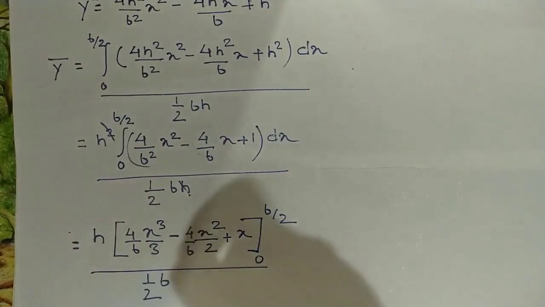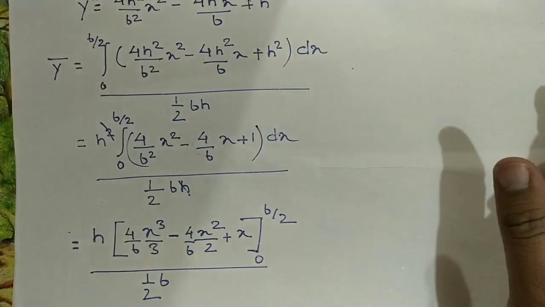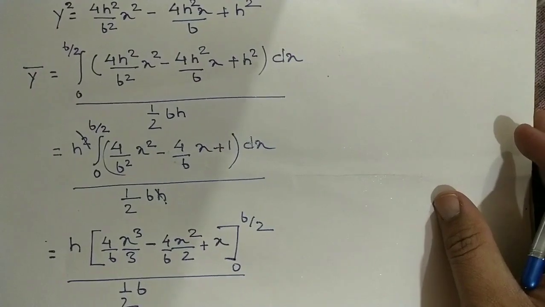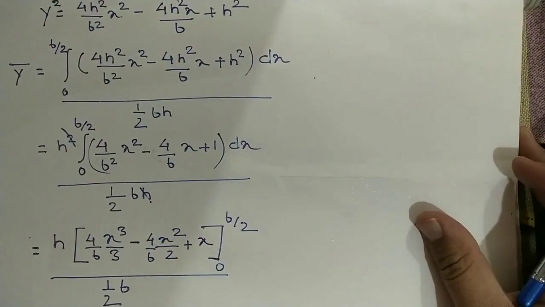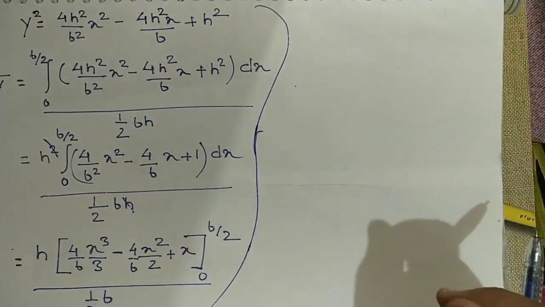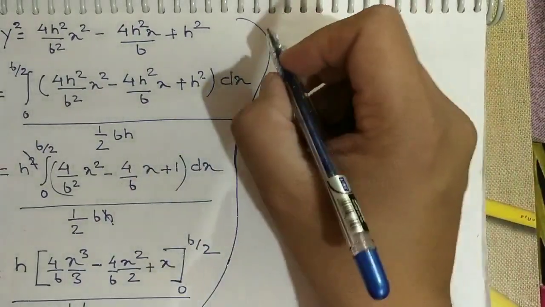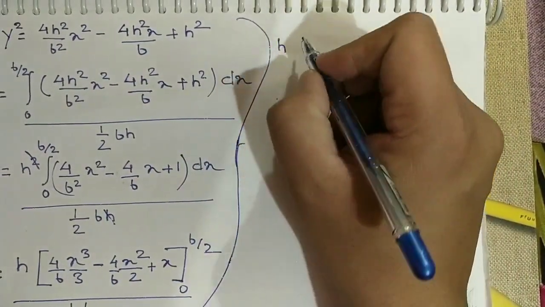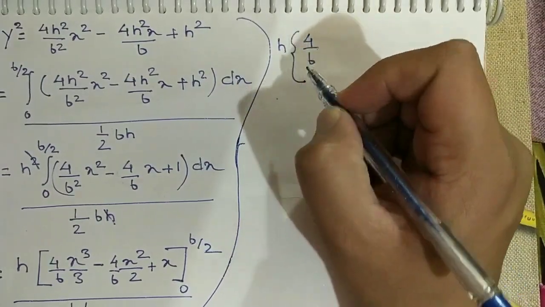Now let us put the limits. As the lower limit is 0, there is no need to put it, as all terms contain x. So let us not bother about this lower limit. So let us put this upper limit. There is h in the numerator, there is 4 by b.